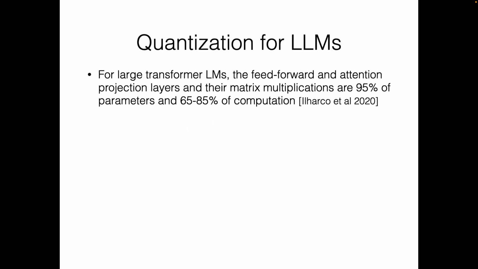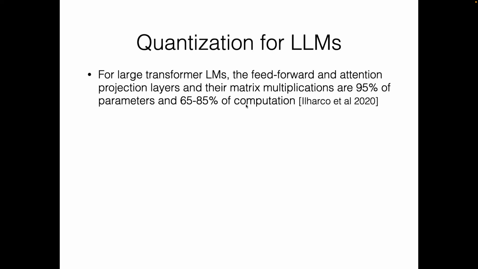Let me introduce two different methods, but first let's specialize a bit to language models. If you look at the large transformer language models, then as I was mentioning before, the feed forward and attention projection layers and the involved matrix multiplications make up about 95% of the model's parameters and between 65 and 85% of the computation.